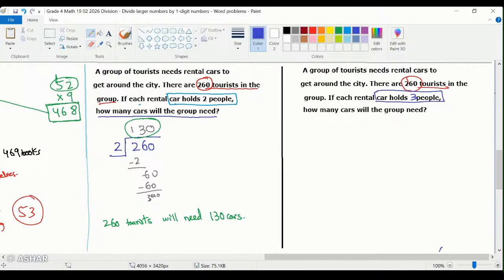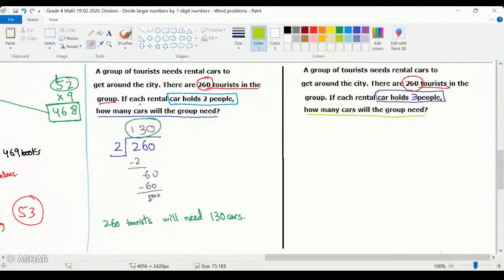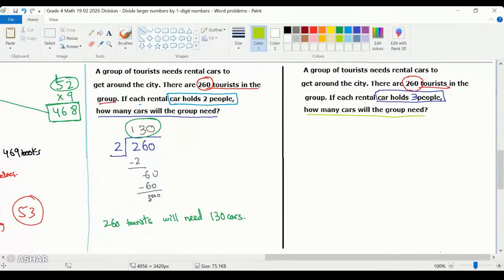Now I'm saying if each car can hold 3 people, how many cars would be needed? But now we would need a lesser number of cars.